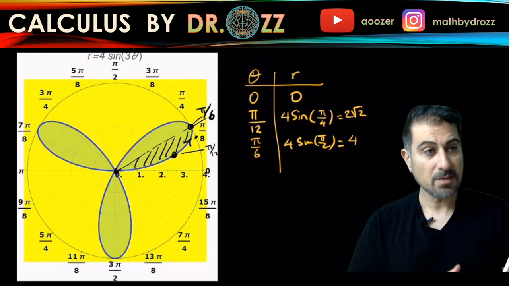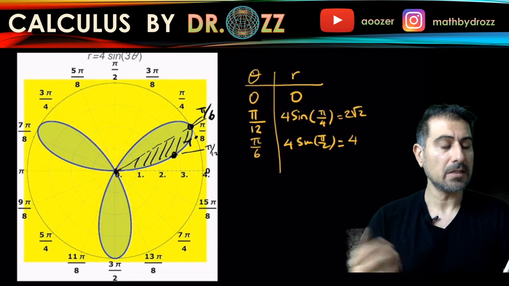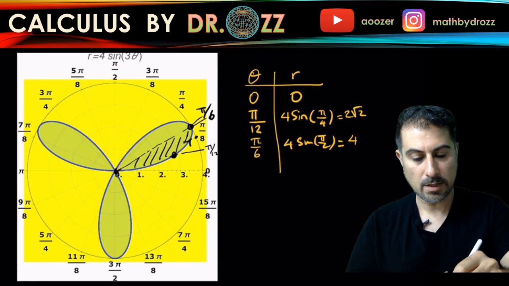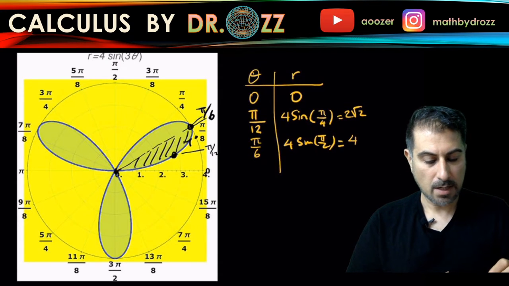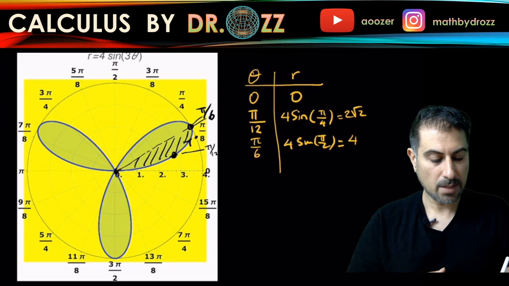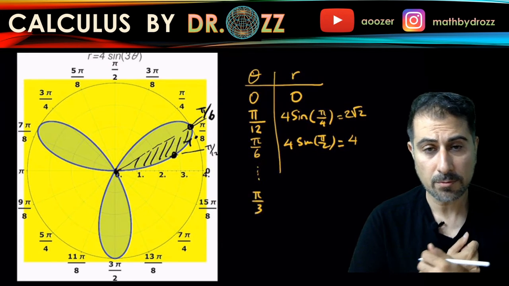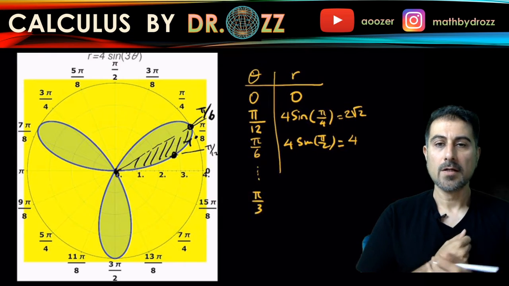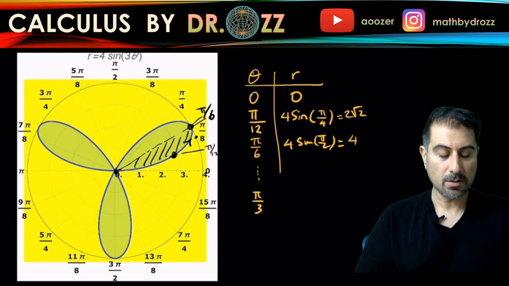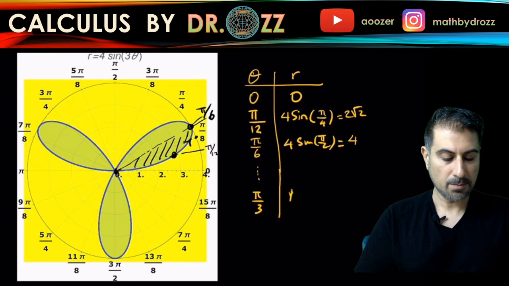So that means if I keep moving here, let's say like I keep going to pi over 3. Pi over 6 is like 30 degrees. Pi over 3 is 60 degrees. So the corresponding r for that is going to be 4 times sine, let's see, pi over 2.